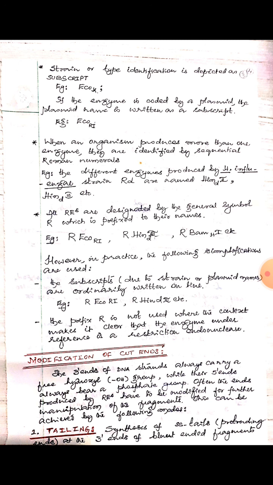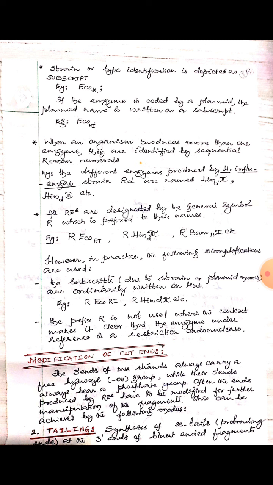But though this is the correct way of writing the restriction endonuclease, in practice we do follow certain simplifications. Those simplifications are like this. The subscripts due to the strain or the plasmid names are ordinarily written on line. Though the rule says you have to write it as subscript, normally we write in the same straight line. So R1 is no more written as subscript, it is written on the same line.